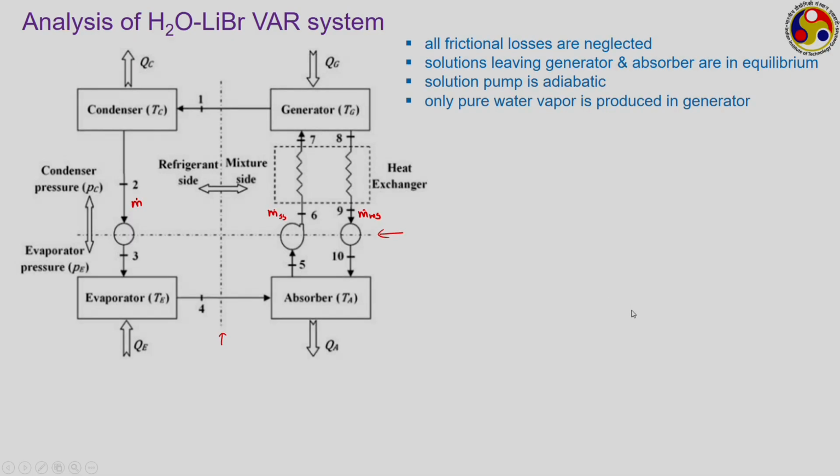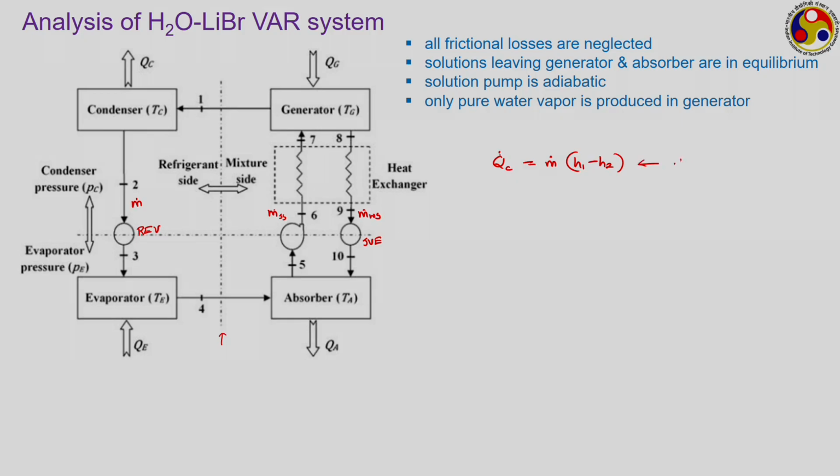With these assumptions, if we quickly do the analysis starting from the condenser, we can write Q dot C is equal to m dot into H1 minus H2, and whatever mass is entering, that is leaving. For the expansion valves, let us call this one the refrigerant side expansion valve, and this one the solution side expansion valve, as there are two expansion valves.